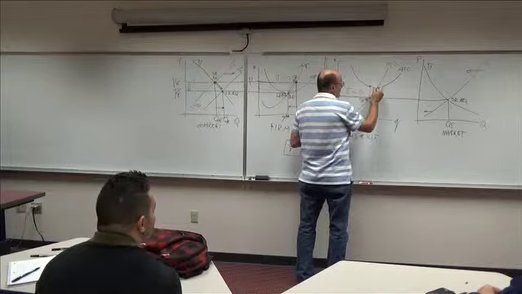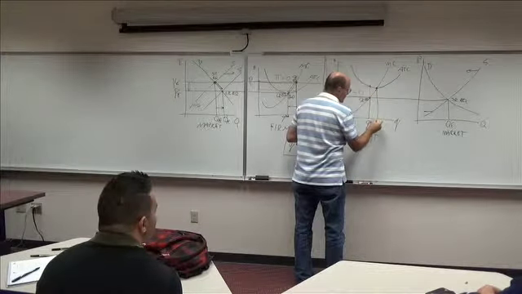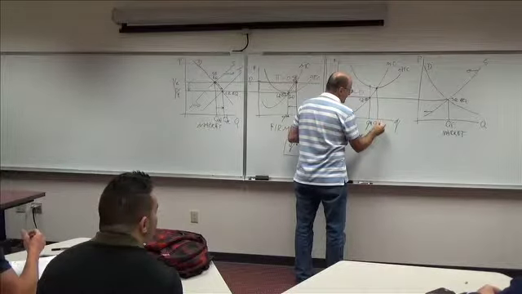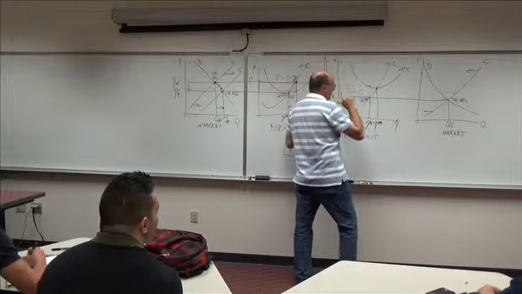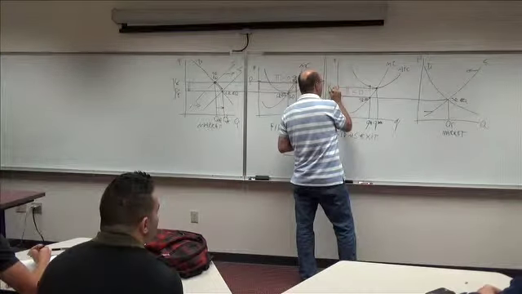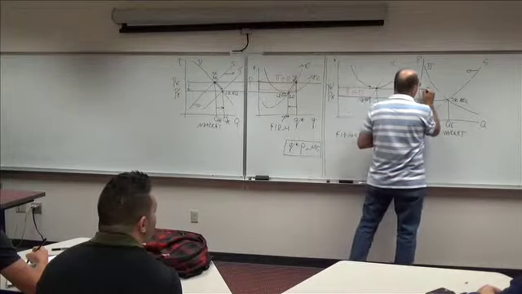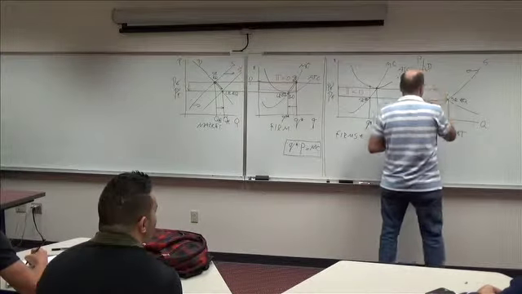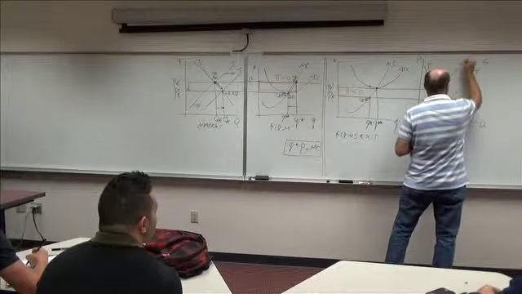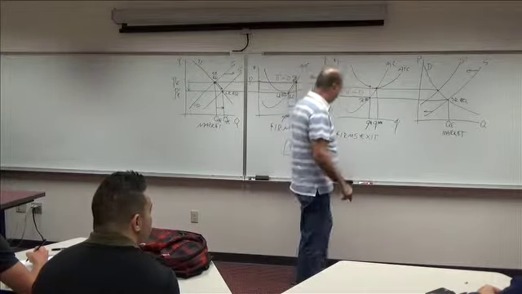and profit, of course, is zero when the firm is producing Q star star at the price PE prime, right? And that is the price in the new equilibrium when this is the new supply curve, S prime, correct?